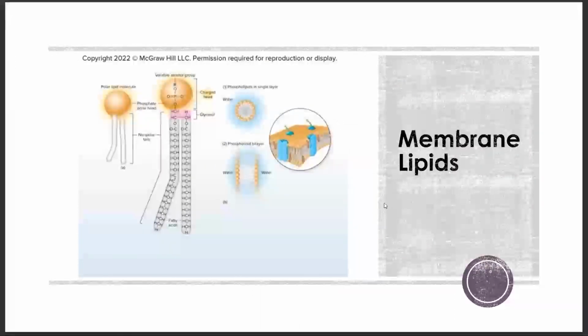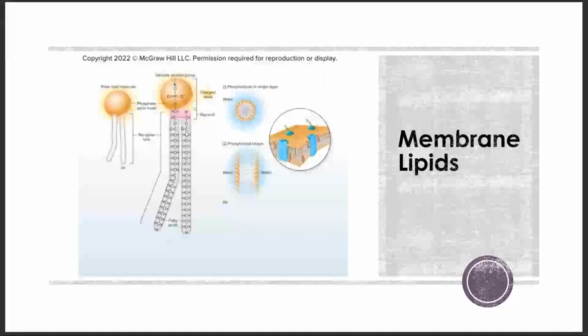Fats are often discussed when we talk about membrane lipids. The membrane is composed of the phospholipid bilayer. So we have two sets of phospholipids to form a layer made of two of them here. They're all lined up so that the polar head, which is hydrophilic or water loving, is facing the water on the outside, and the hydrophobic, water-hating, non-polar tails are facing each other in the middle here.